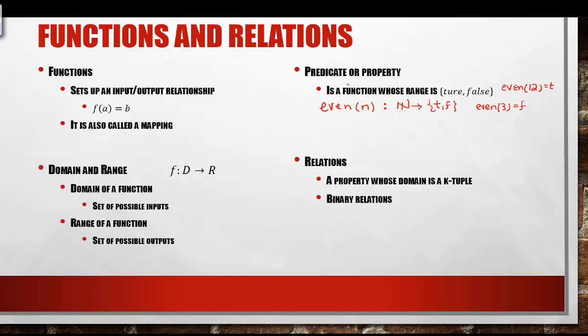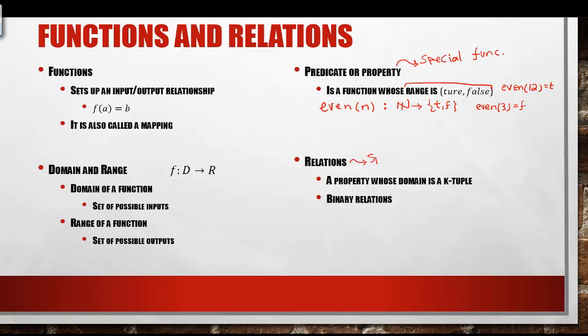A property or predicate whose domain is a k-tuple is called a relation. So let's do it this way. Properties or predicates are special functions: the functions whose range is true or false.